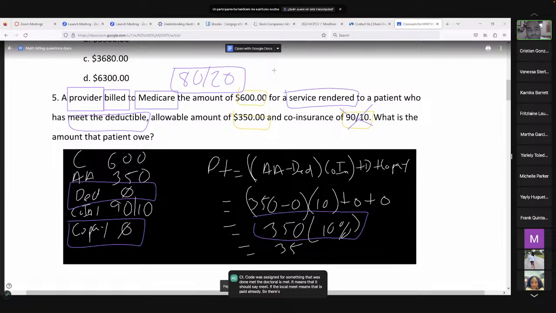You don't know how much it was, and you don't care because it's already paid for. So when it's already paid for, then you put zero. Allowable amount, you already know that term. And then co-insurance, you already know that term. And then how much the patient owes. In this case, it's just saying how much the patient has to pay. And they could rewrite it in many different ways. Okay.